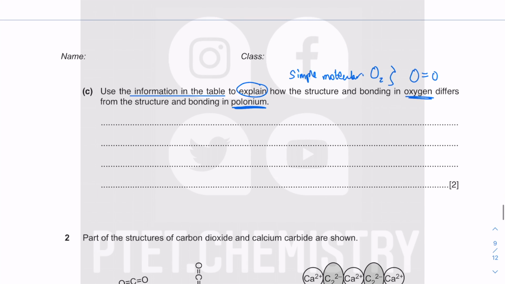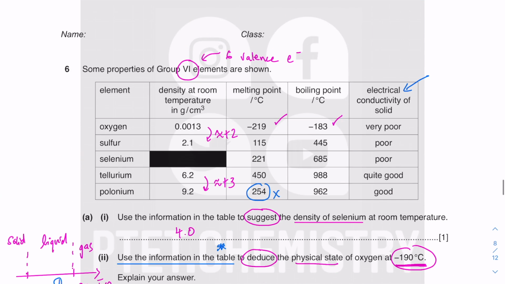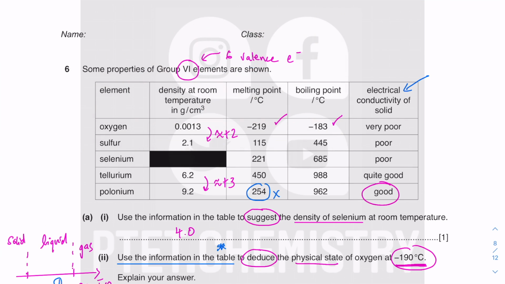Polonium is not your case study, but you use the information in the table. Using the information in the table, you could see the electrical conductivity of polonium is very good. So this is not simple molecular because it conducts electricity in the solid state. This is not simple molecular.